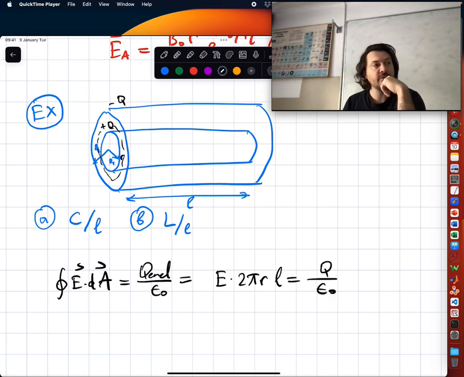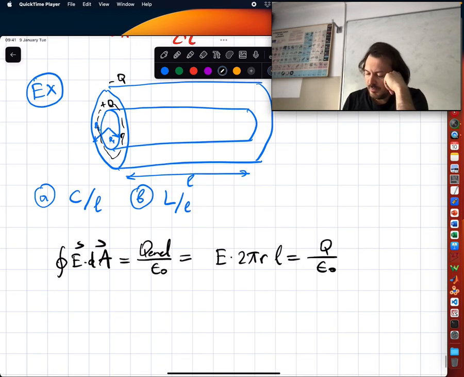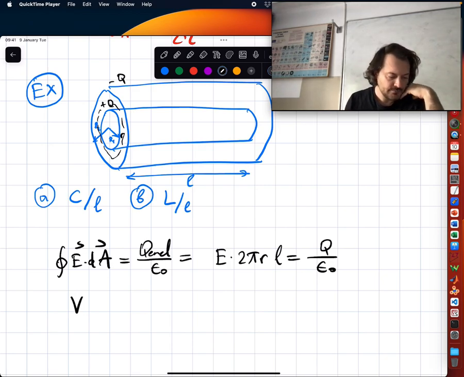How about the potential difference? The potential difference will be related to the integral of this.